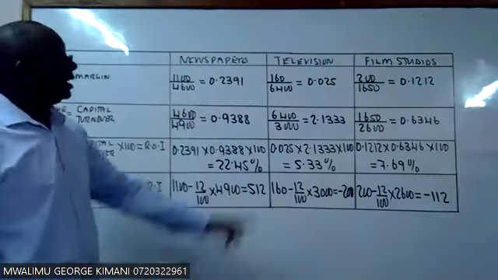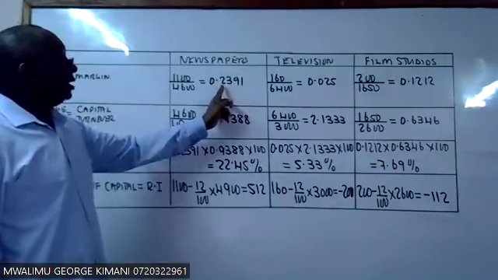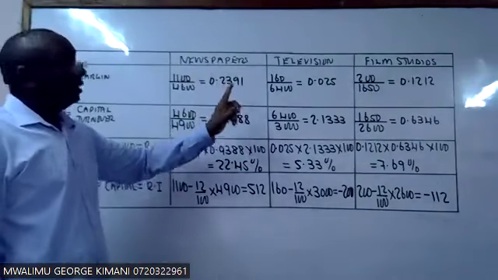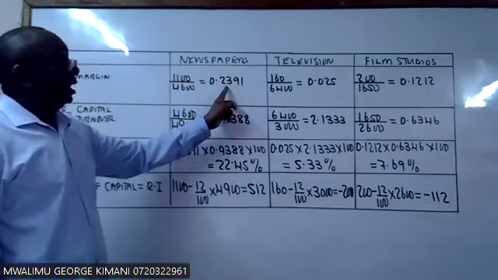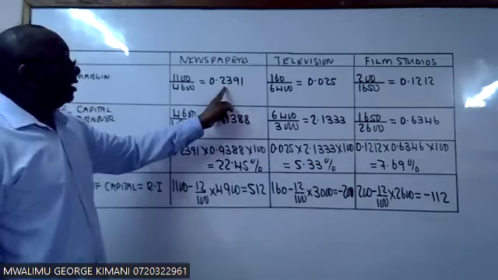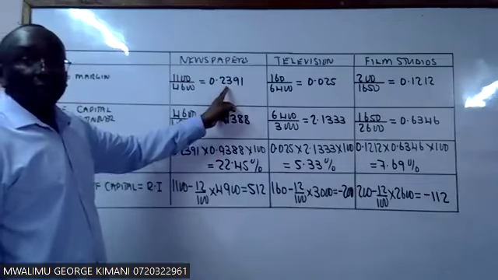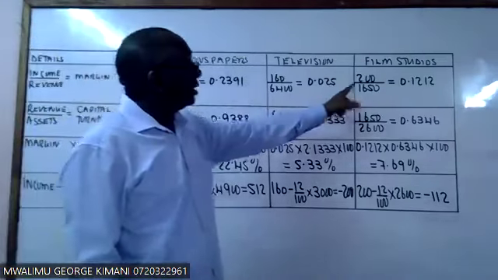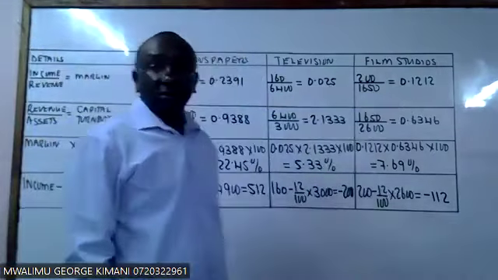This answer means that for every 1 shilling of revenue, there is a profit of this much. So you can see this one is doing better because it's giving us a profit of around 23%, when this is giving us around 2%, and this one around 12%.